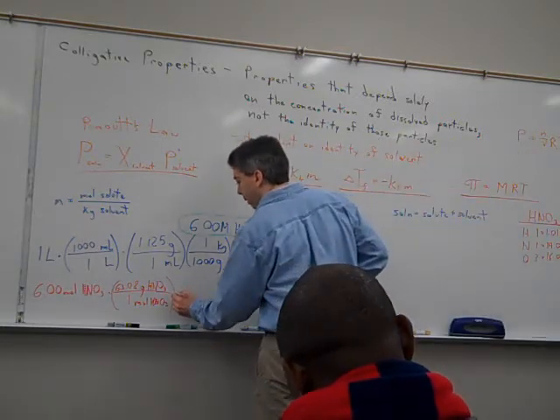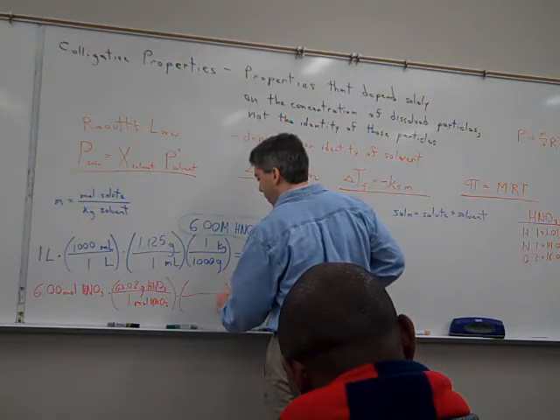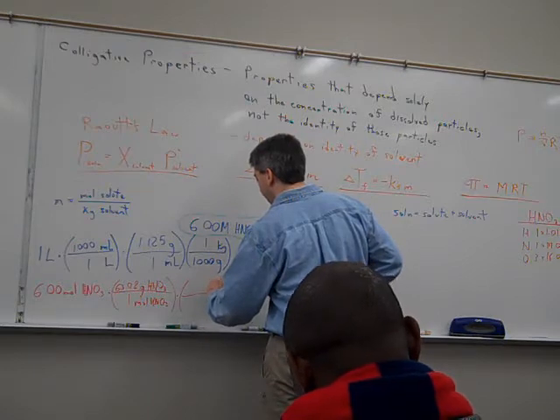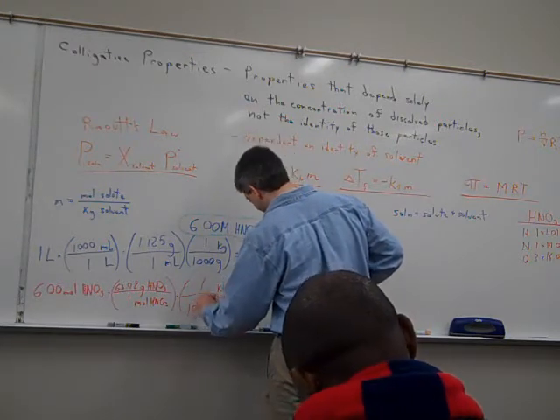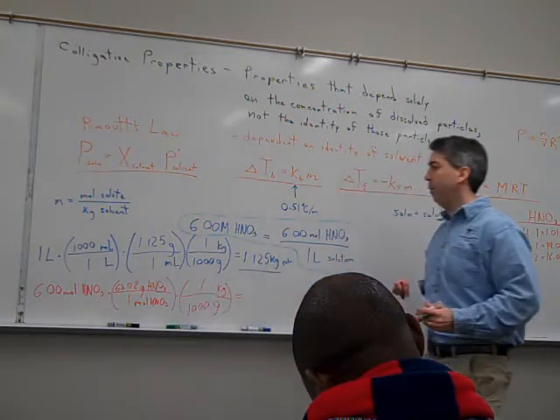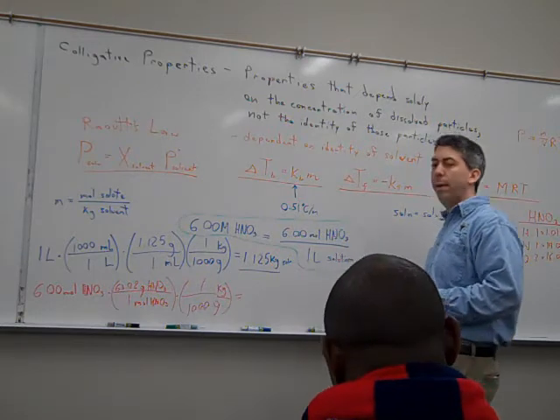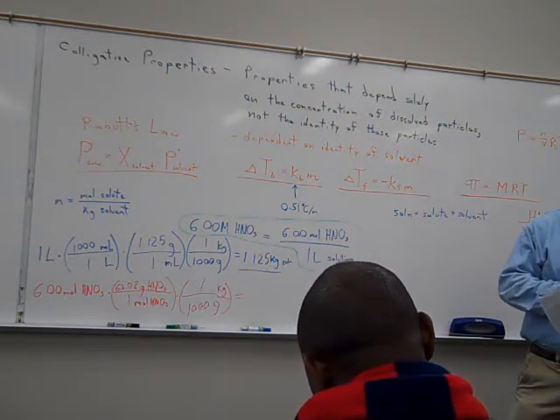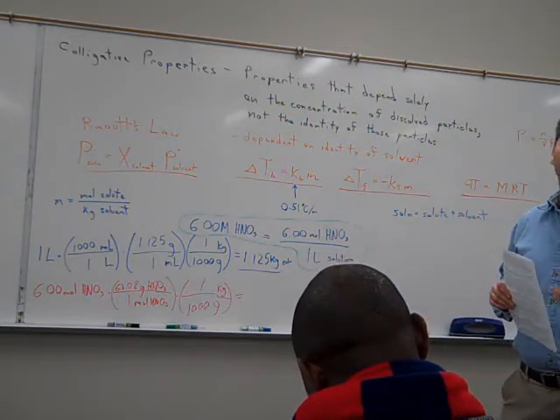Now I'm going to go to kilograms because I need kilograms of solvent. So grams, kilograms. My writing is not as neat as I would like it to be. And then what does that give you? 6 times 63.02 divided by 1,000. You got your calculators? Let's pull them up, or use your phone if you have to.